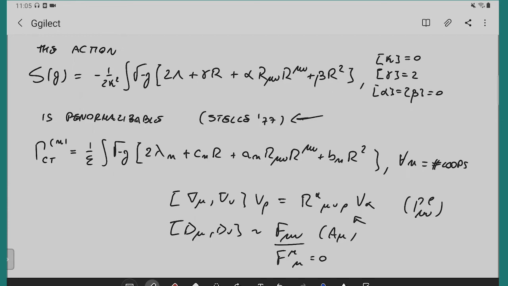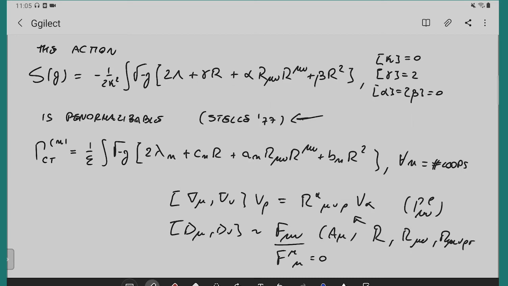And in this case, you will have a trace, which is R. You can also contract the indices in some other ways, and you have R mu nu, and then you have Riemann. And then basically this action is F mu nu F mu nu. But since there is also the trace, you also have the trace.